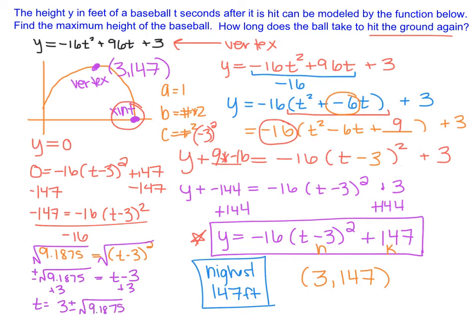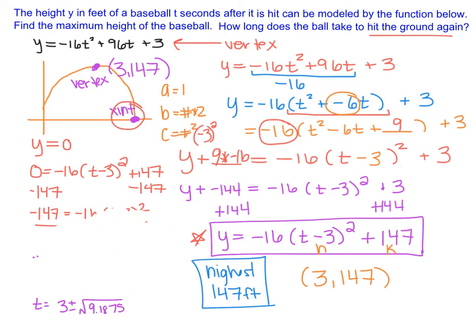Now, typically what we would do is leave our answer as a simplified square root. But in a word problem, we want a little bit more information here. We want to know what that value actually means. So I'm going to give myself a little more space here so I can actually interpret that answer.